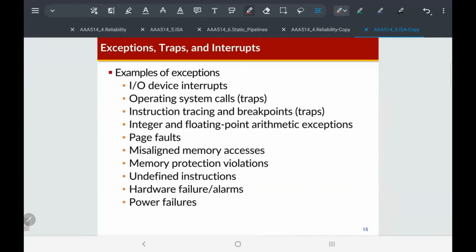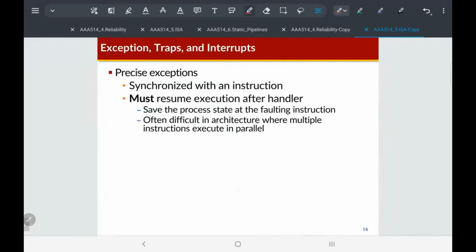So these are examples of exceptions: I/O device interrupts, operating system calls like traps, page faults, undefined instructions, hardware failures, and power failures. These exceptions are supported by hardware. And as I explained, hardware usually needs to support the precise exception.